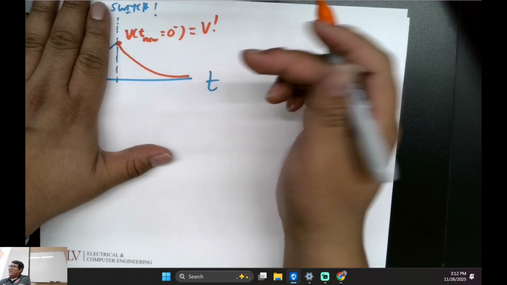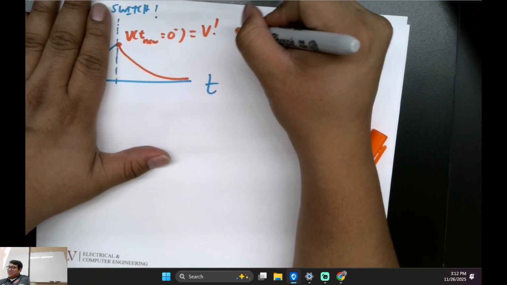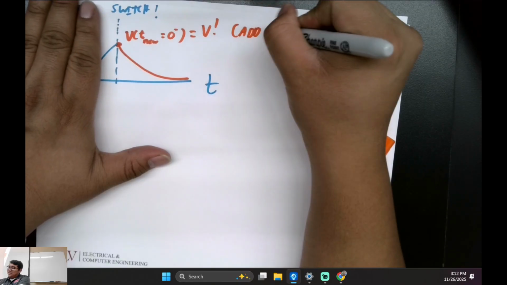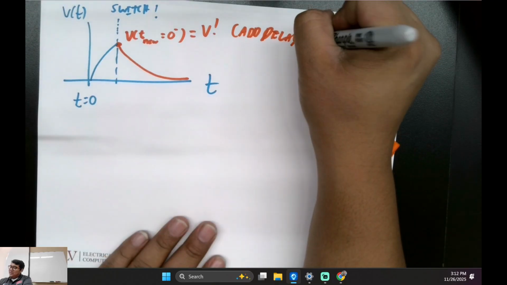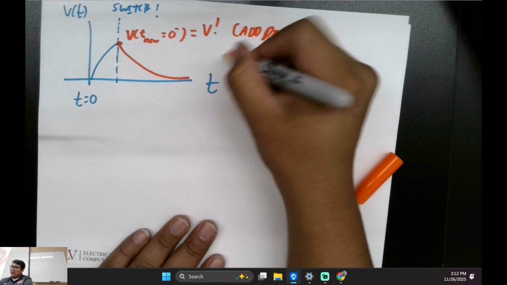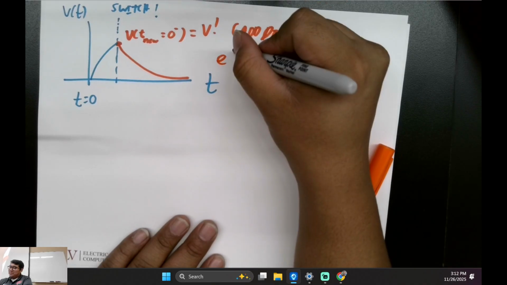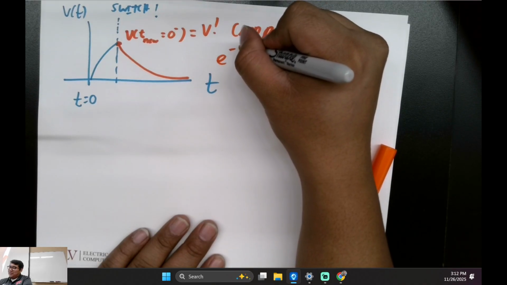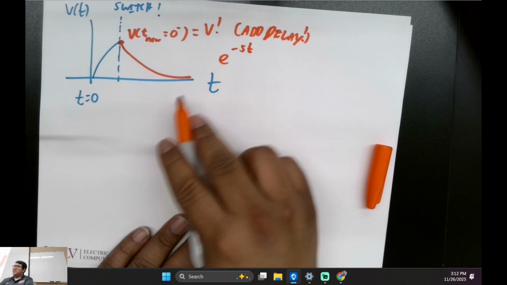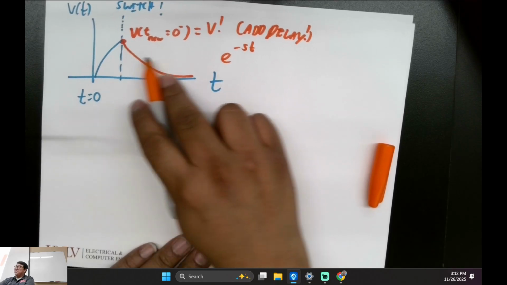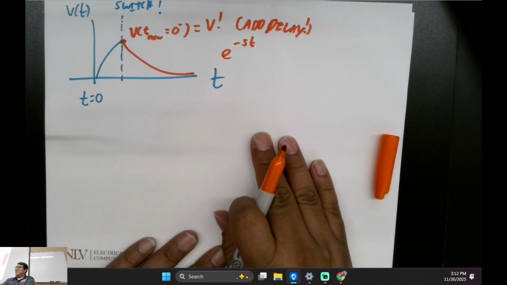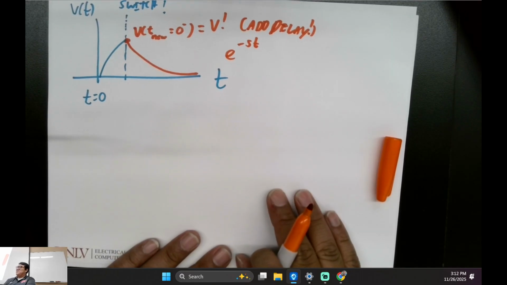You're going to get some delay. In fact, this is going to add a delay, and then you have e to the minus st, or whatever your pole is. Is that cool? So basically you can describe any system using Laplace transforms.